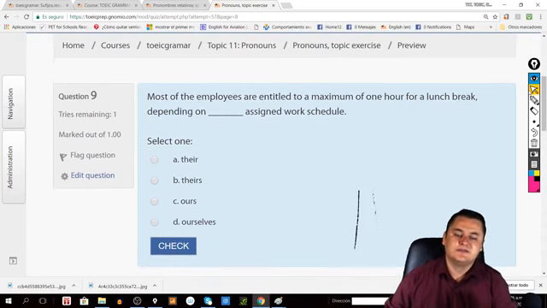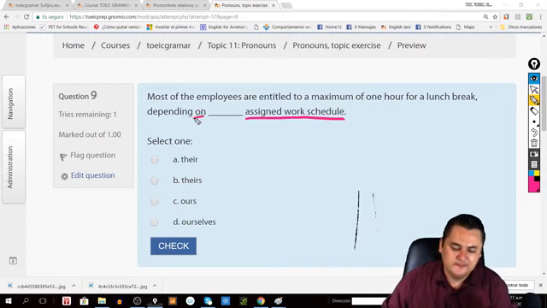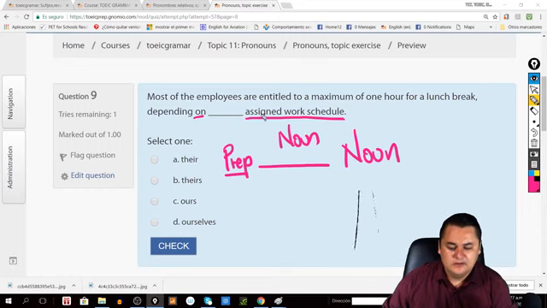This one says, most of the employees are entitled to a maximum of 1 hour for a lunch break, depending on, and then we have assigned work schedule. The word on is a preposition. If you have prepositions, you are very likely to have a noun either here or here. Assigned work schedule is a noun.